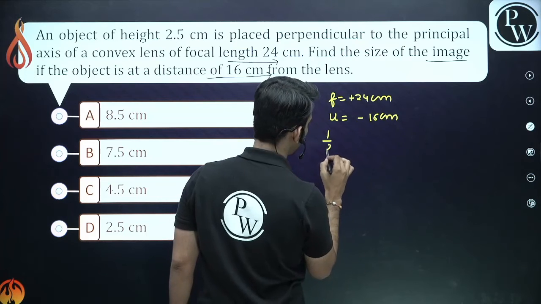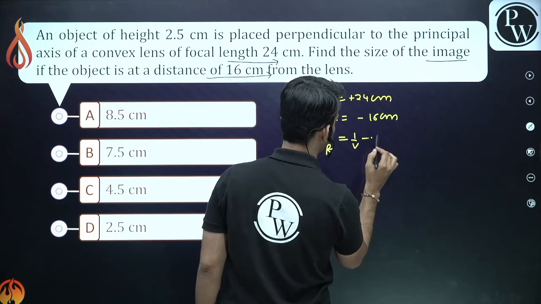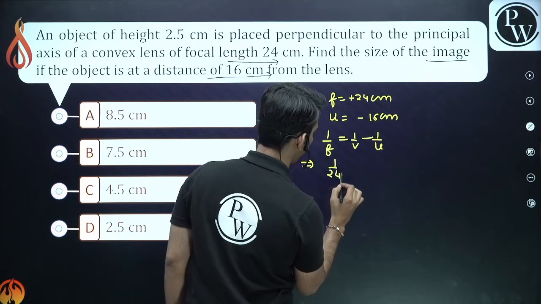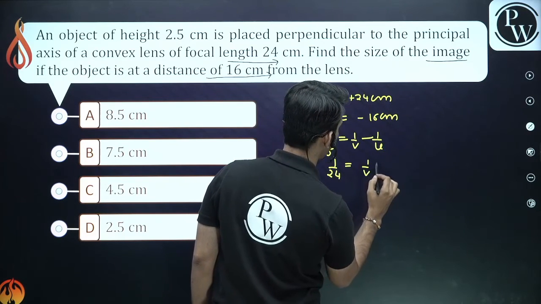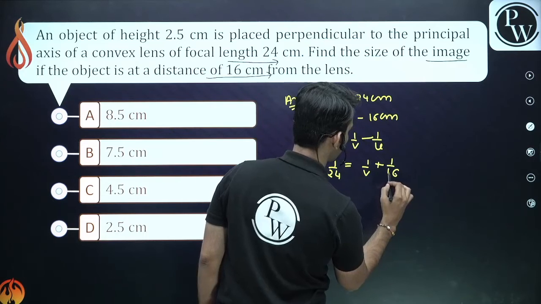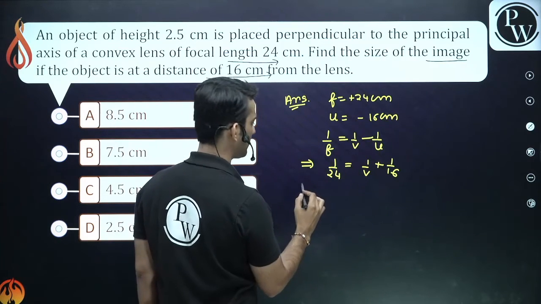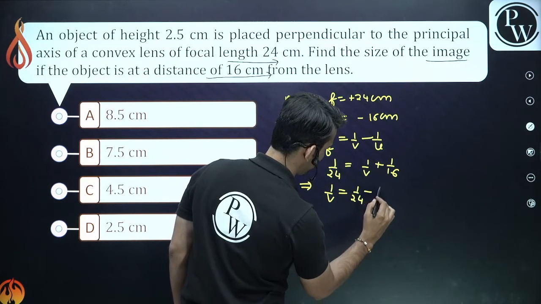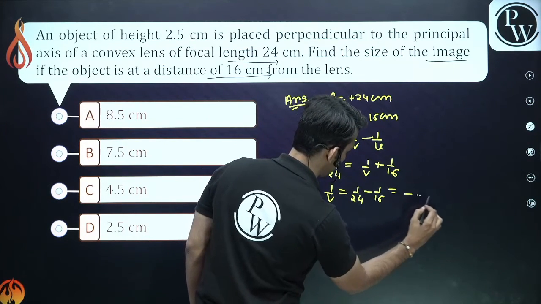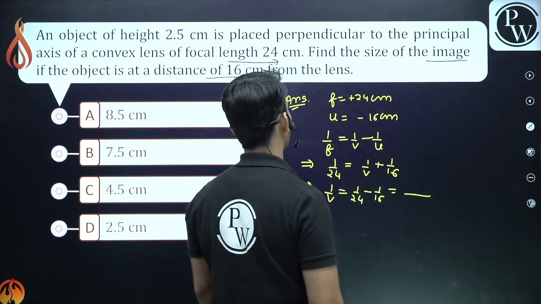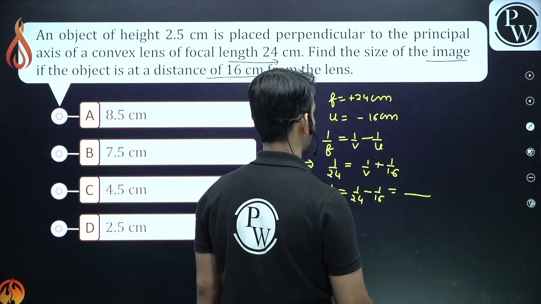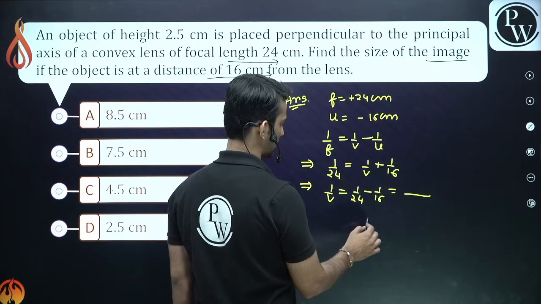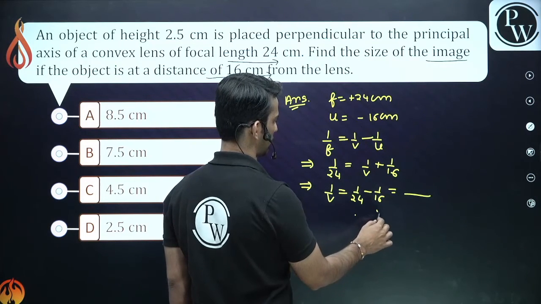So guys, apply the lens formula. 1 by f is equal to 1 by v minus 1 by u, right? 1 upon 24 is equal to 1 upon v minus minus, plus 1 upon 16. Minus already is there, minus minus would be plus. So guys, from here 1 by v is how much? 1 by 24 minus 1 upon 16, right? And how much will be the LCM for this?